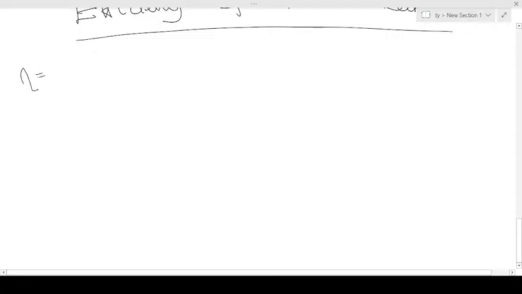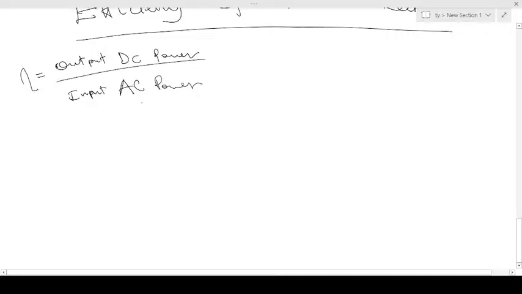So efficiency is simply the ratio of output DC power to input AC power. We know that the purpose of a rectifier is to convert our input AC power into an output DC power.